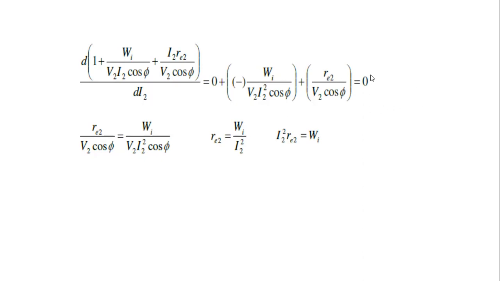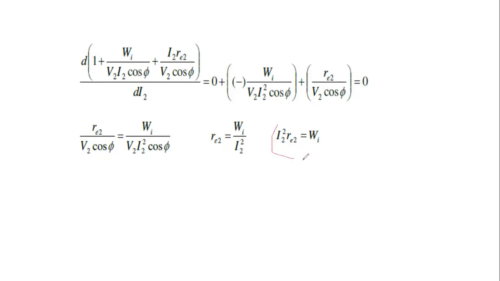Therefore, this will be written as R2 by V2 cos phi equal to Wi by V2 I2 square cos phi. Therefore, R2 is equal to Wi by I2 square. Then we put this I2 square on this side, and we obtain I2 square R2 is equal to Wi.